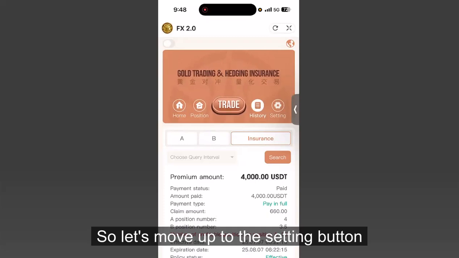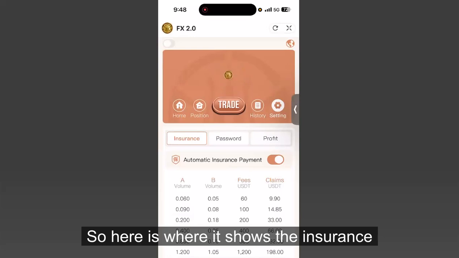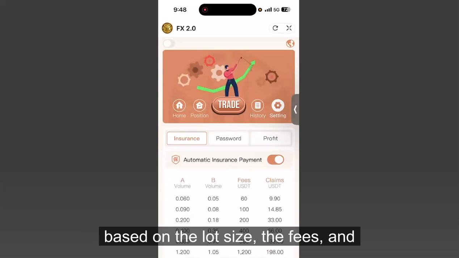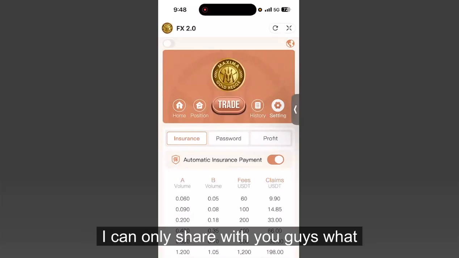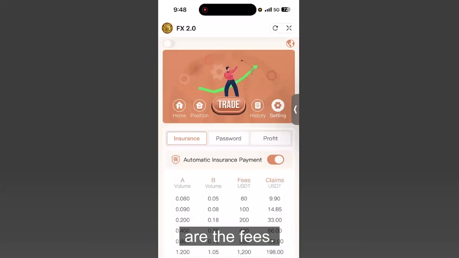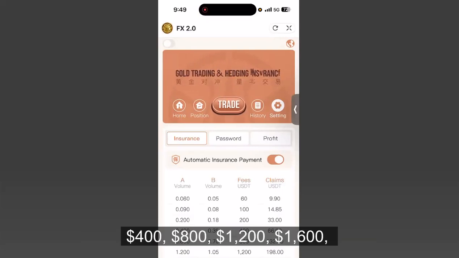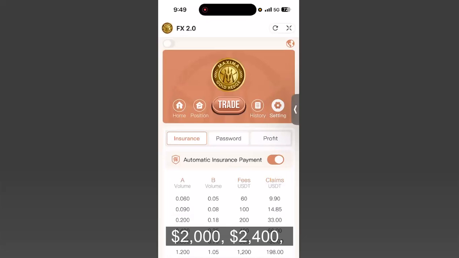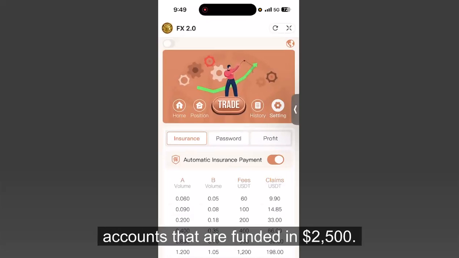All right. So let's move up to the setting button on top. Here is where it shows the insurance based on the lot size, the fees, and the claims. Here we don't explain much about what a claim is. I can only share with you guys what the fees are. There's 60, 100, 200, 400, 800, 1000, 2000, and so on. So the $60 fee is for those accounts that funded in 2,000.